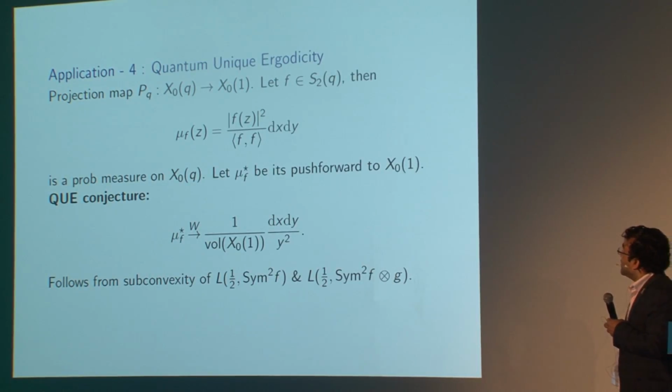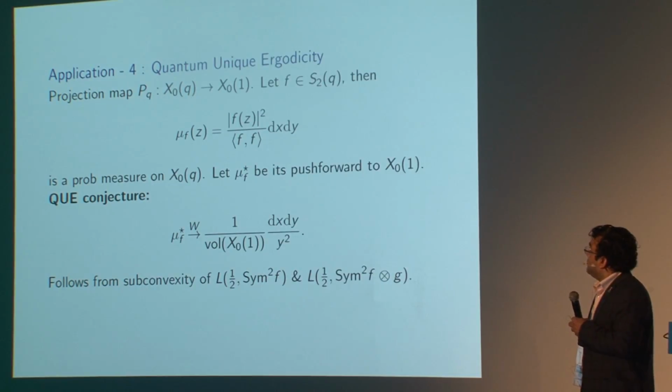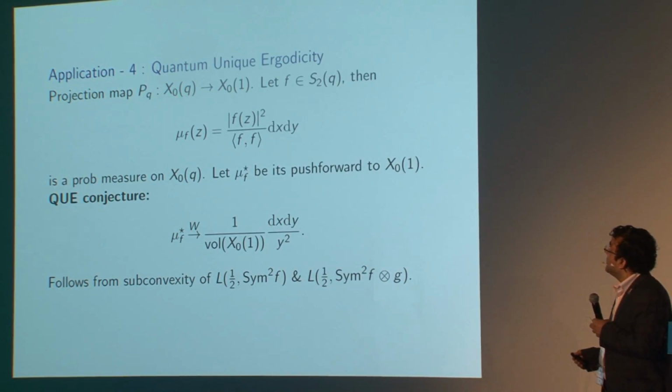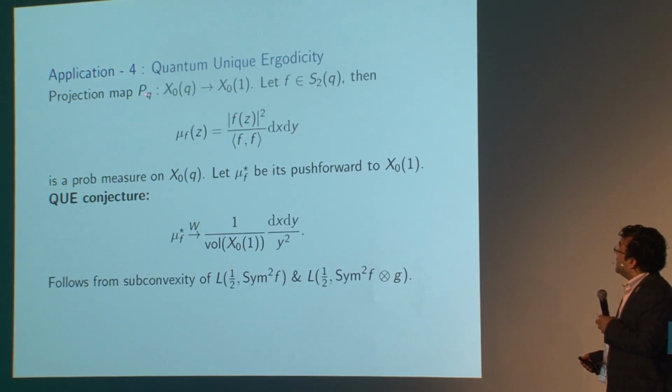It's called quantum unique ergodicity. If you take X_0(q), this is a modular curve of level q, and there's a projection map from X_0(q) to X_0(1). Let's call it p_q. Suppose you take a weight 2 cusp form f of level q, then you can define a probability measure on X_0(q).